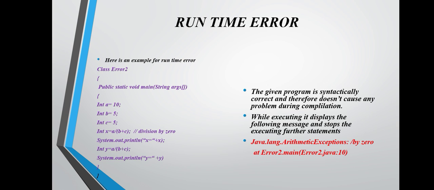The given program is syntactically correct, and we have given the semicolons wherever necessary. But the program fails during execution because the logic in this program is faulty, and it shows an error like java.lang.ArithmeticException. It is shown when some arithmetic exception occurs in the program, and it shows the error at the particular line.